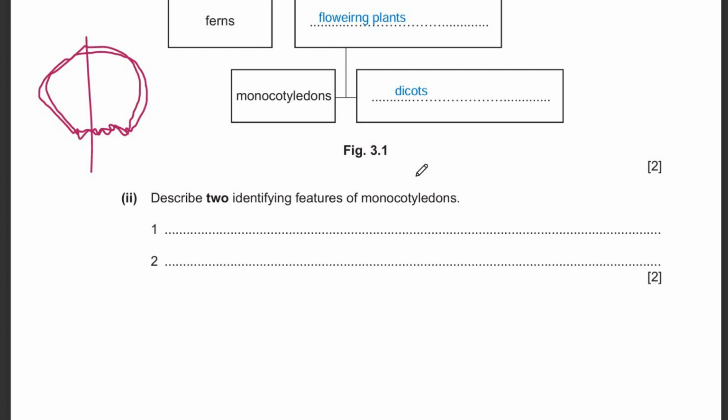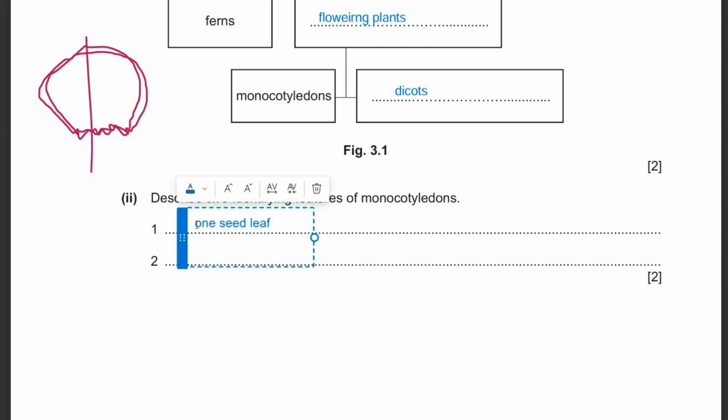Secondly, they have parallel veins. The veins are present throughout the structure, and they have adventitious roots. Always remember that they have adventitious roots, and they have vascular bundles throughout the stem as well. So we can write down the features I have just told you regarding monocotyledon seeds: mono means one seed leaf.